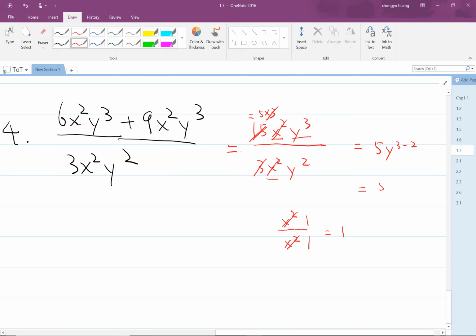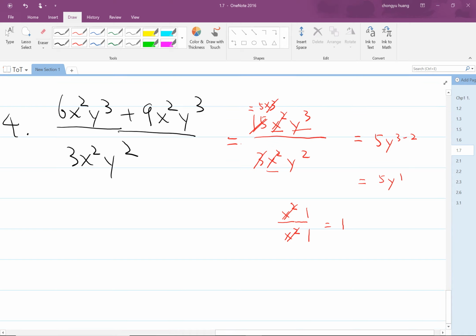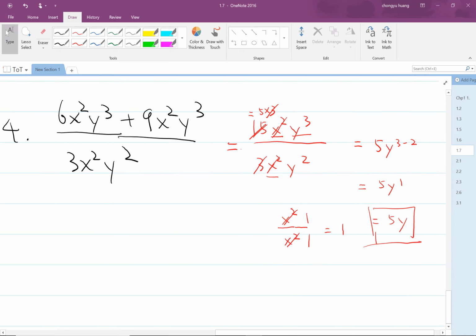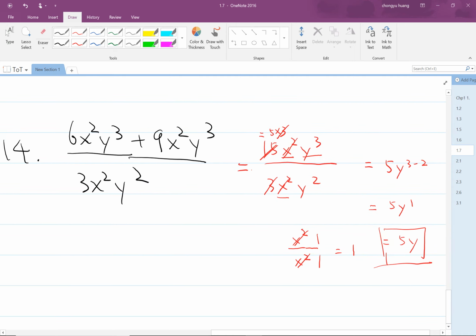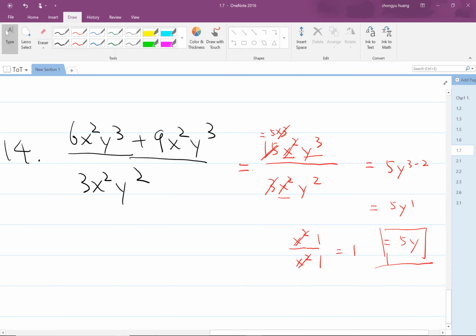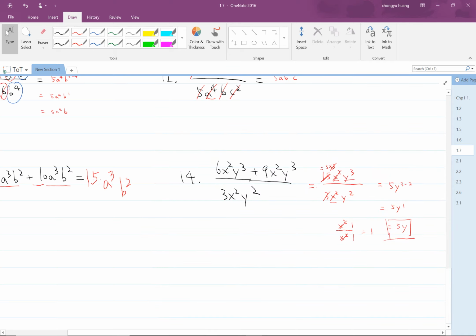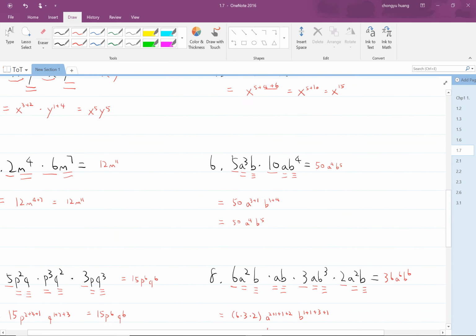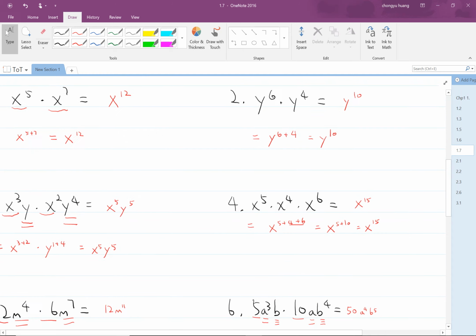So 3 minus 2 is actually equal to 1, so the answer will be 5y for this question. 5y is actually the simplest form we can have, right?